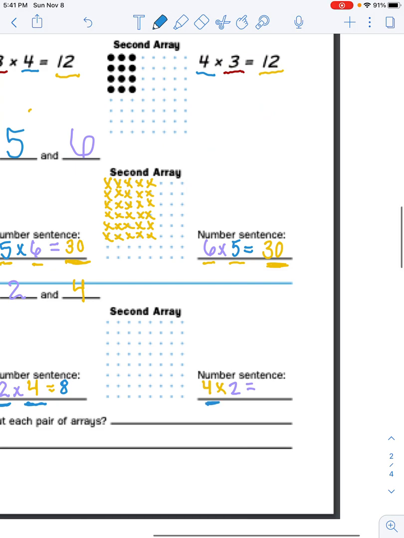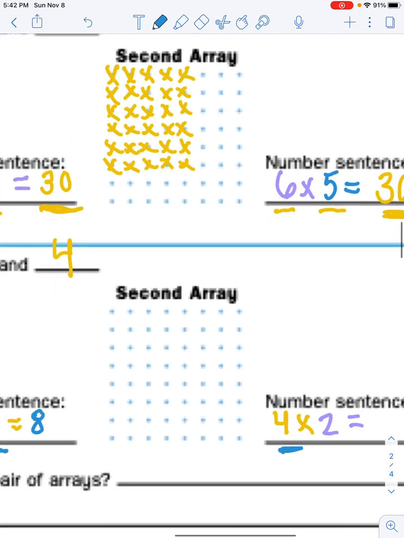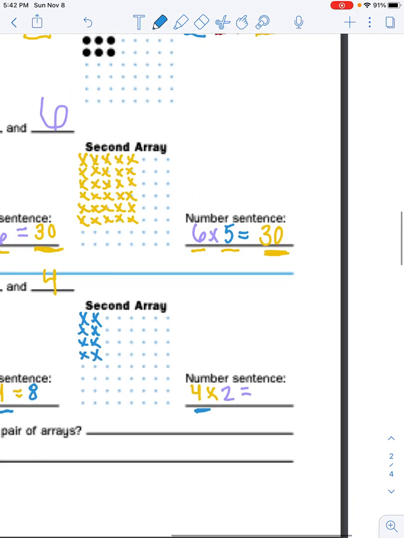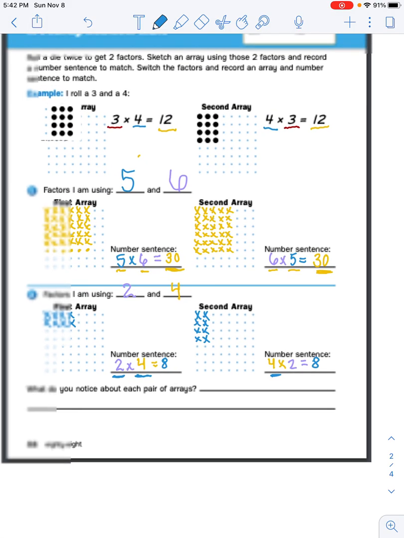All right, first number tells us how many rows. So we have 4 rows, 1, 2, 3, 4, with 2 in each row. So I already have 1 in the row. Now I have 2, and I do that for each of them. Okay, I can already see that I have 8 total x's. So yes, the turnaround rule works every time.